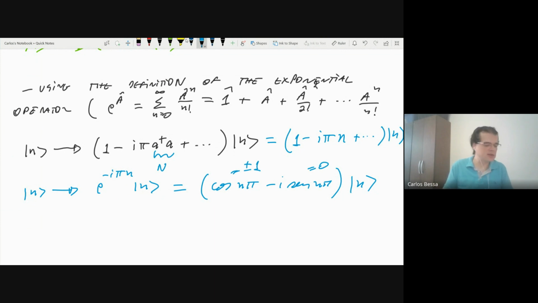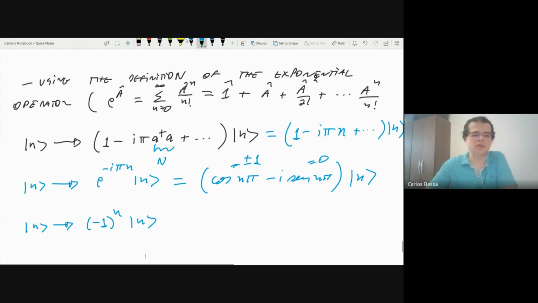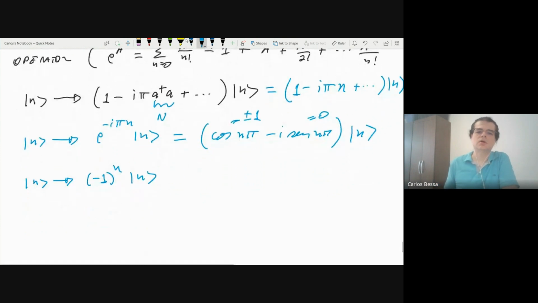So I can write this as n goes to minus 1 to the n, n. So when n is even, it is positive, and when it is odd, it is negative. Okay.